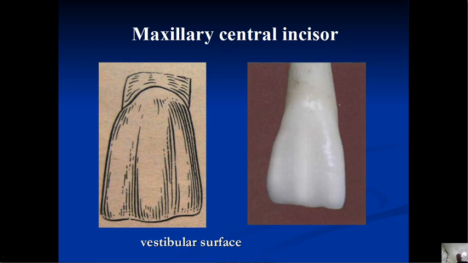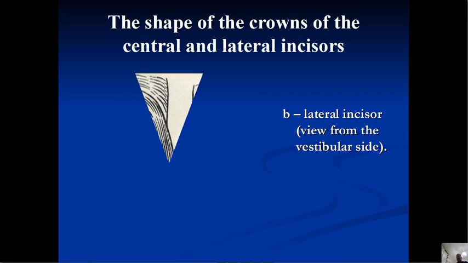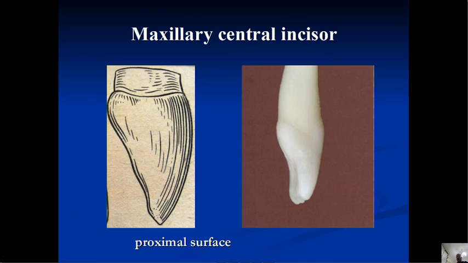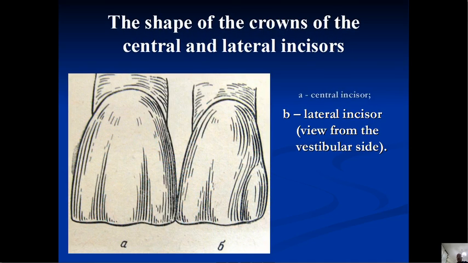And next one, proximal. It can be lateral or medial. You see. Then here you can see this is a lateral incisor, and here you can see the sign of the crown.